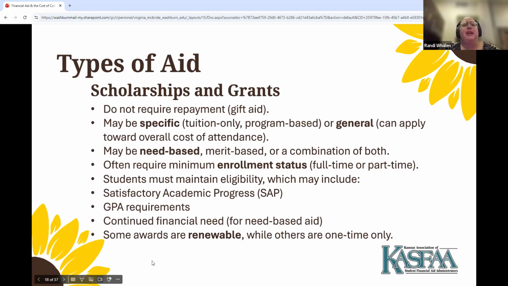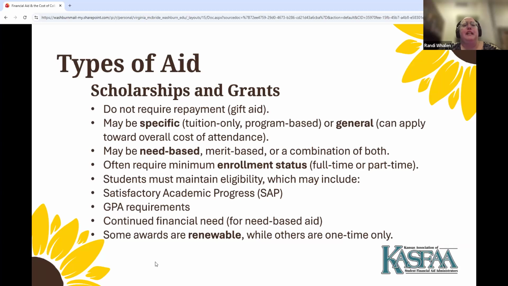What are the types of aid? Scholarships and grants. These do not require repayment. They are gift aid, may be specific, tuition only, program based, or general, can apply toward overall cost of attendance, may be need based, merit based, or a combination of both, and often require minimum enrollment status, full time or part time.